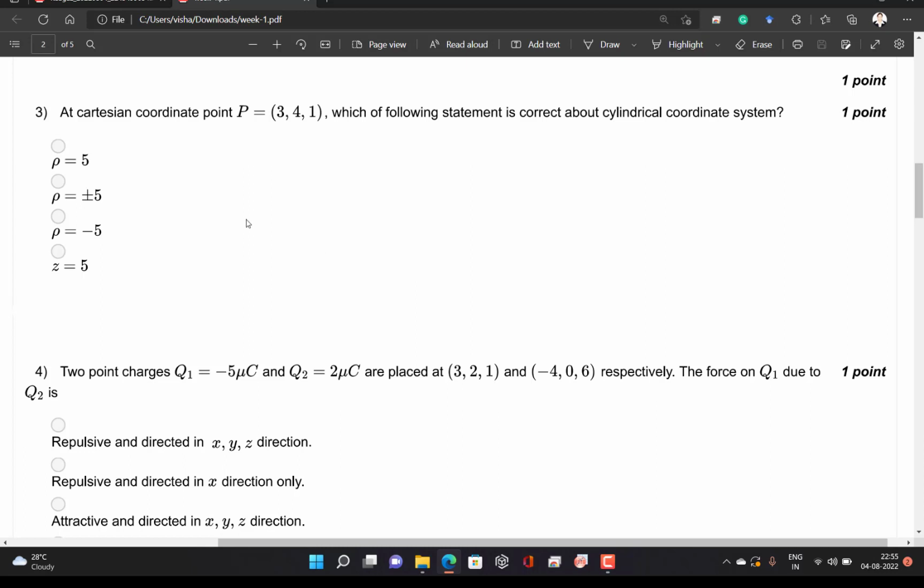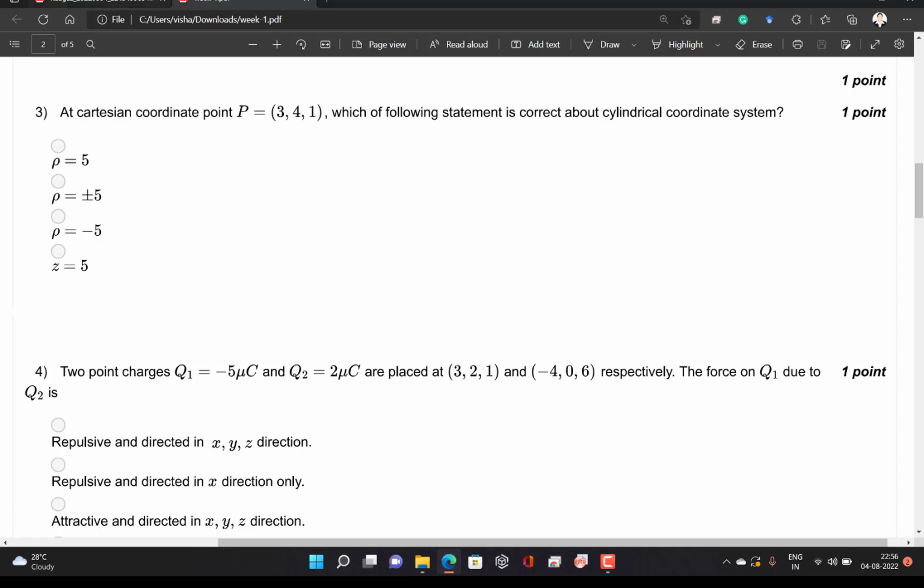What is given to us is a point P whose Cartesian coordinate is given. Then it is asked how this point P can be written in the cylindrical coordinate system, and which of these will be true.